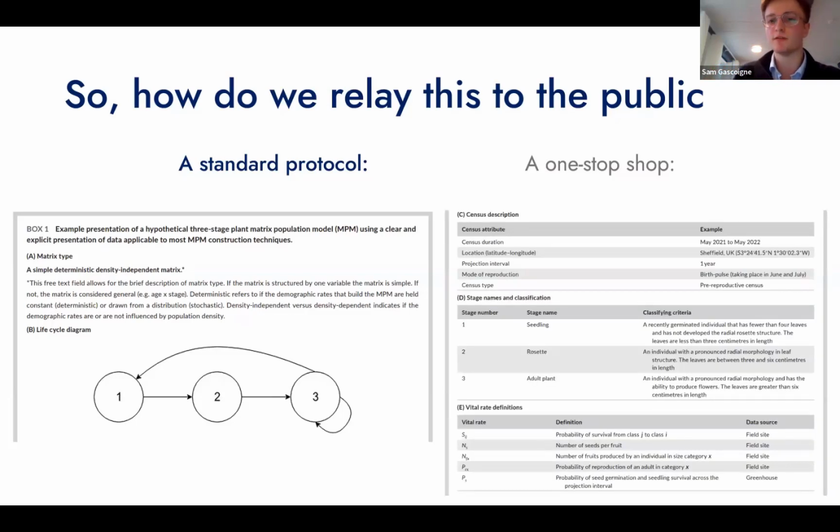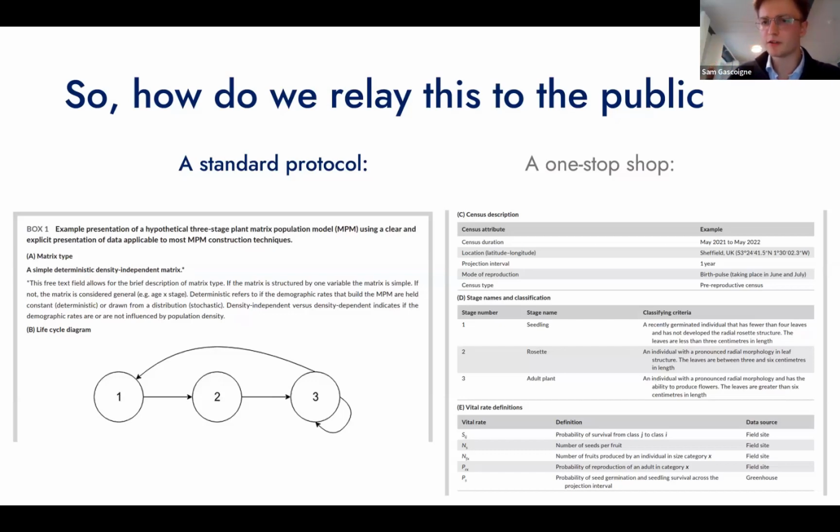In addition to these components, we also have methodological components. First is the census description. You have to say, to a minimal degree, when you started and when you ended your data collection, and where you performed it. Then the projection interval: these are discrete time population models, so what length of time interval is associated with your matrix population model.